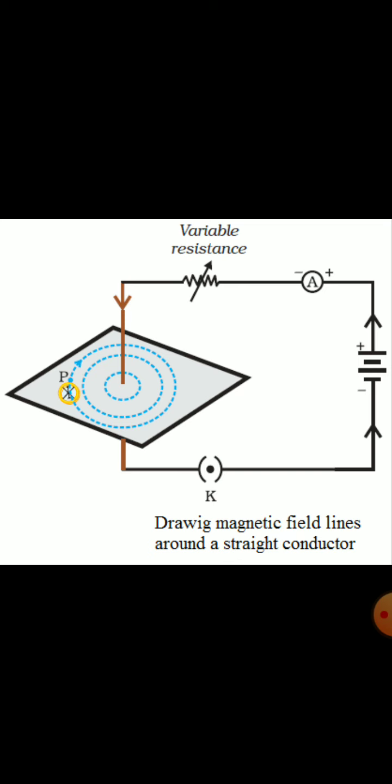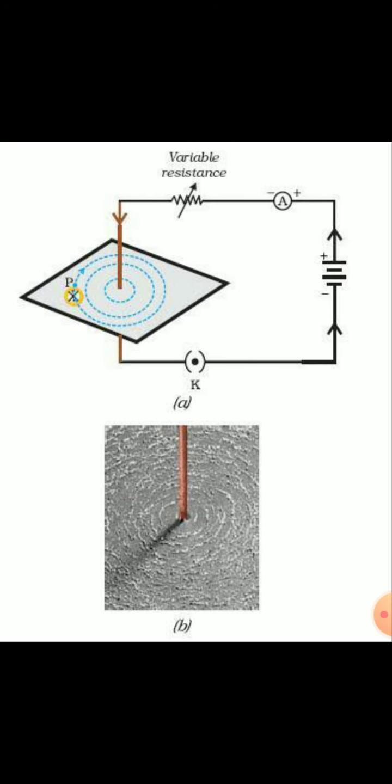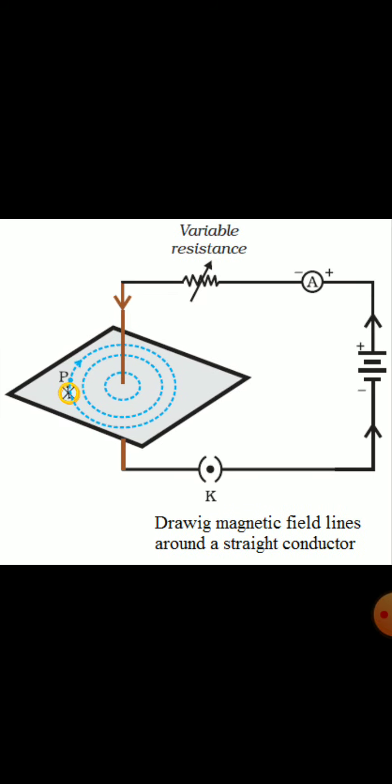From the figure, we can note that the concentric circles representing the magnetic field around a current carrying straight wire become larger and larger as we move away from it. So the question was, if we change the position of the compass needle and keep it away at some distance, what will happen?